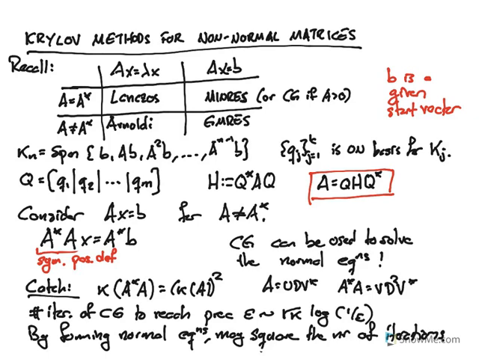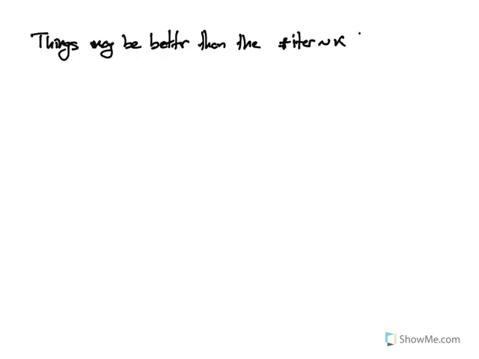Notice, though, that this estimate based on the condition number is really a worst case scenario. So things may be fine. In one case that we talked about a lot, which is when the singular values or the eigenvalues are clustered, the number of iterations may be better than the kappa bound may indicate.